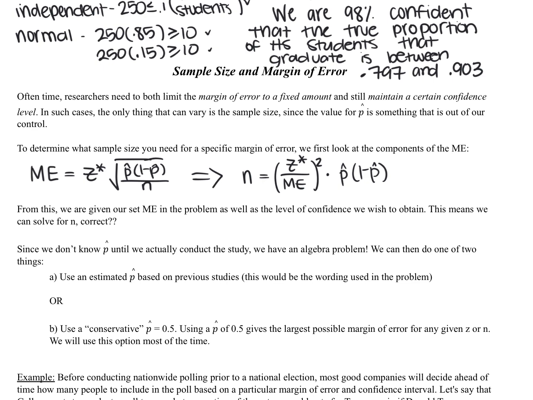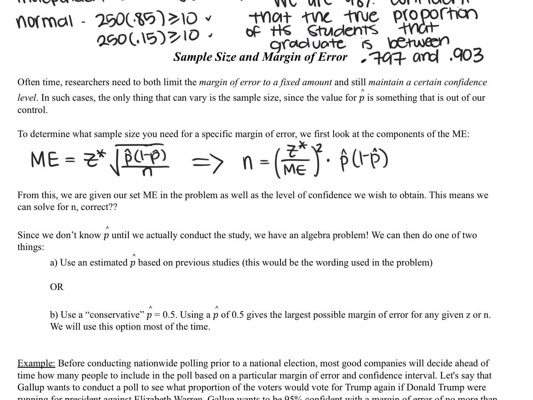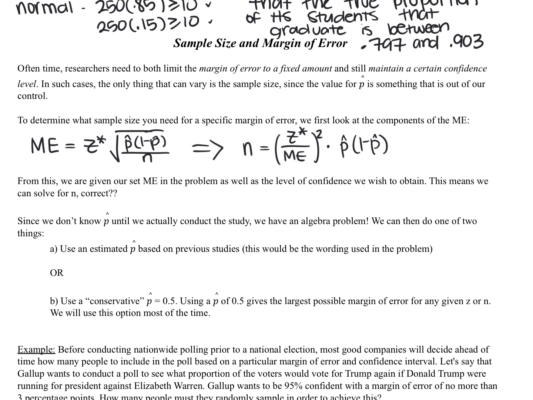Now, we will obviously know our margin of error that we want to attain. We'll know the level of confidence, which will give us our z critical value. But we don't know p-hat. Like, we won't know what our p-hat is until we can conduct the study. So how am I able to solve for n? So we do one of two things. We either use an estimated p-hat based on a previous study, and this would be wording used in the problem.